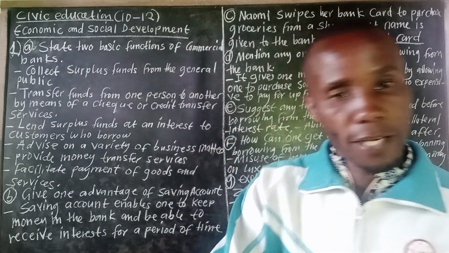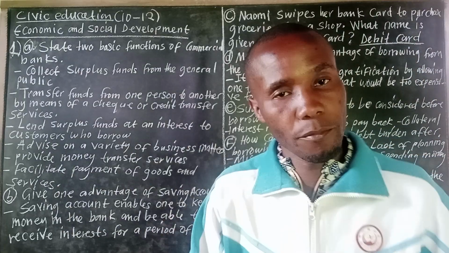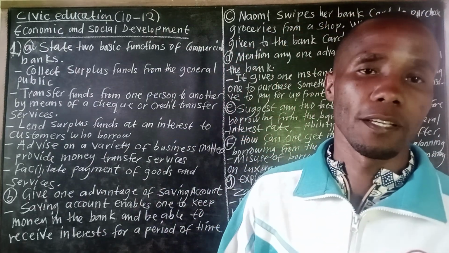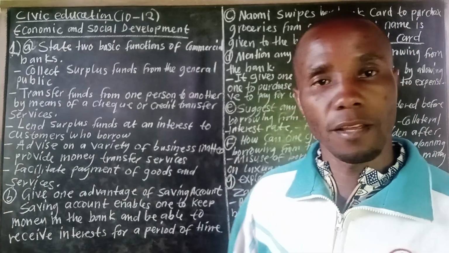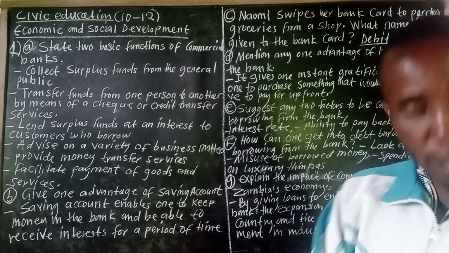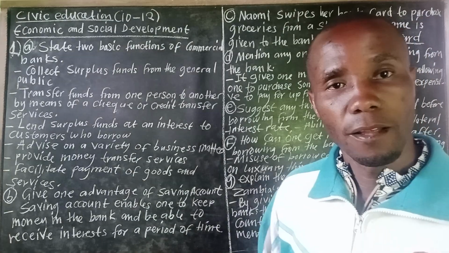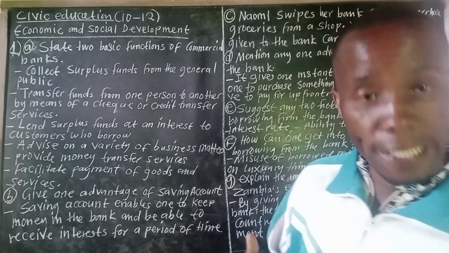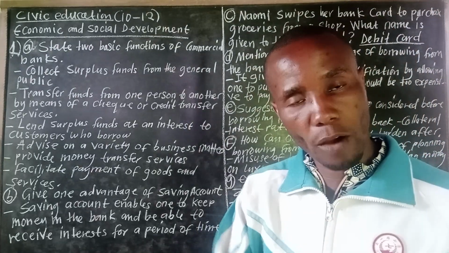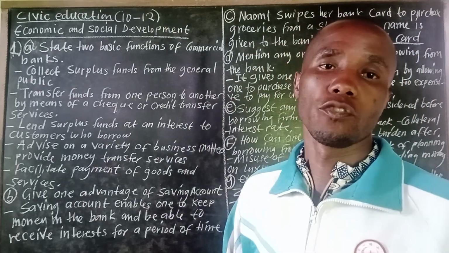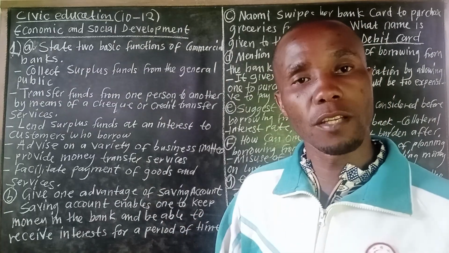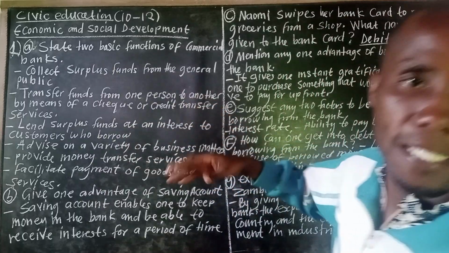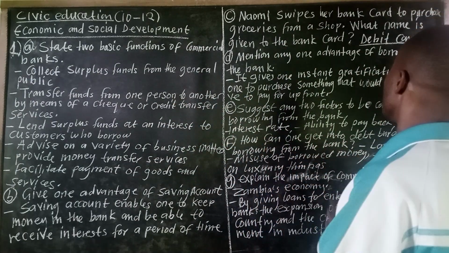When you go there, you get things on shelves, then thereafter you go to the teller machine, you give your card to those who operate it, then you just swipe there. So that same card is called what? That card is called a debit card, because the moment you swipe, the money will be debited from your account. You are even going to receive a message to say a debit of this amount. So that is a debit card.